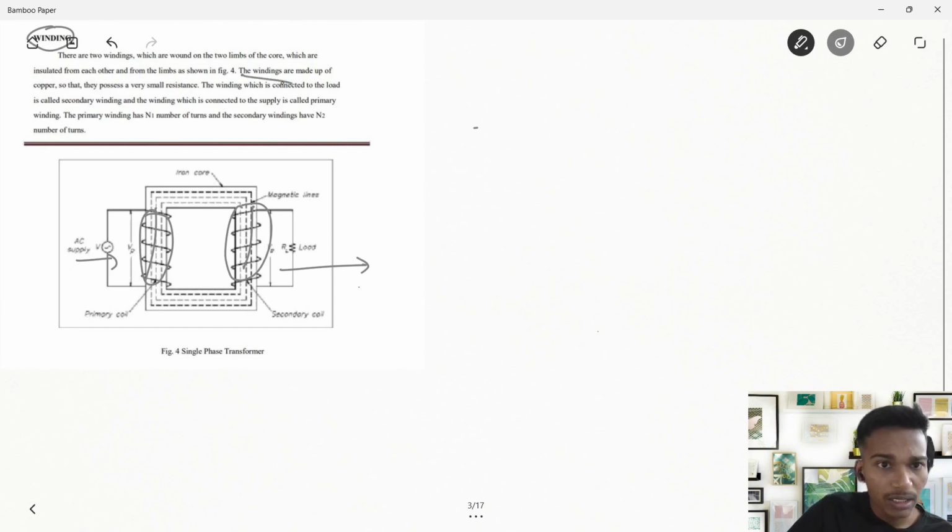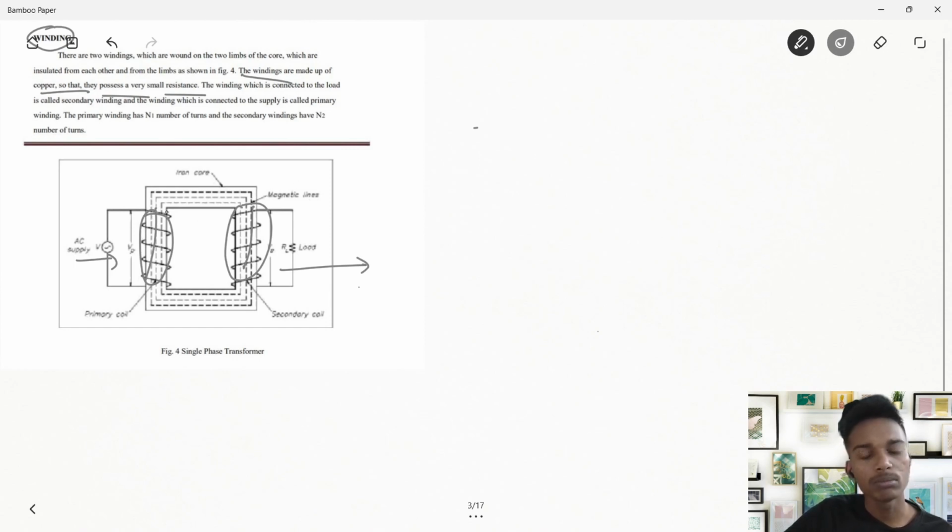The windings are made up of copper so that they possess very small resistance, because every small loss will be calculated here. We will have two major types of losses, which we will discuss in a later stage of this chapter.